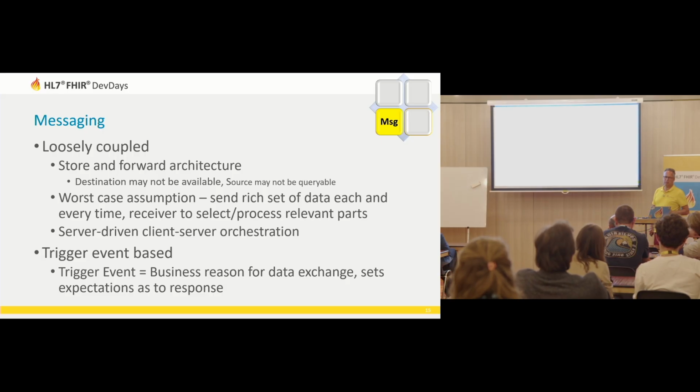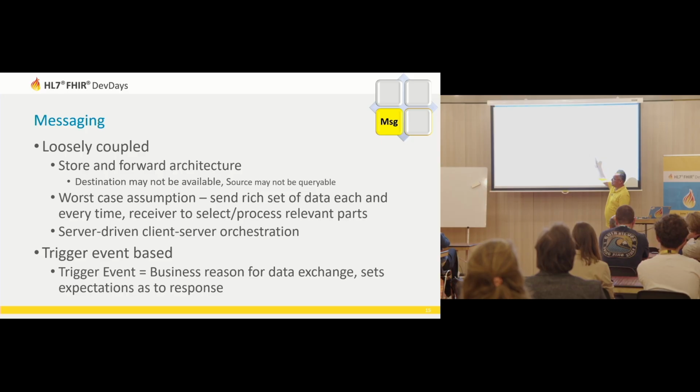Now we have messaging. Messaging is by far the oldest exchange mechanism that I'm going to talk about today. This dates to the late 1950s, the basic principles of messaging. Store and forward architecture. I'm sending something to you and it goes just like email over multiple servers that may actually transform or do routing or some other fancy stuff with the content I'm sending you.